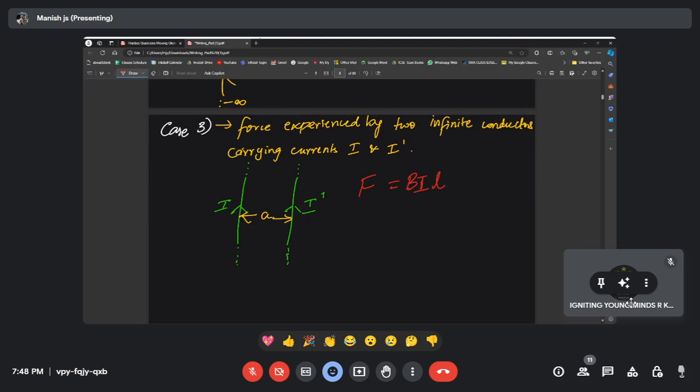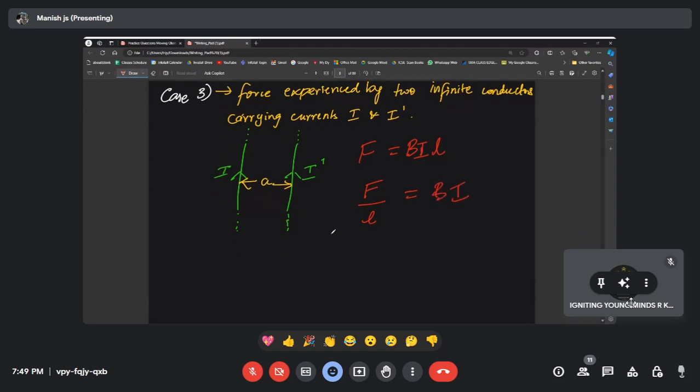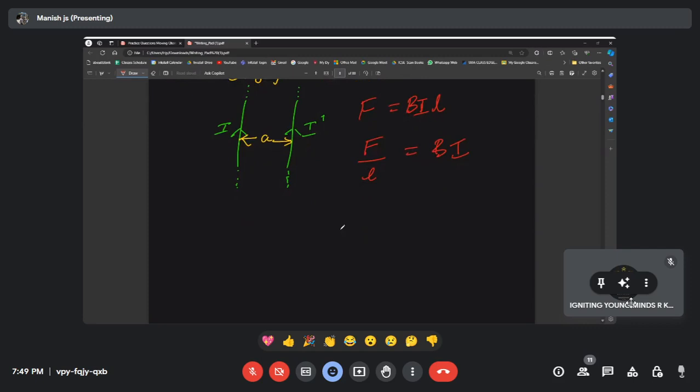Now, if I want to find the force acting per unit length, I will just rearrange this term. So you will get F upon L is equal to B into I. This is the general expression I'm writing. So the force acting per unit length is B times I, the magnetic field times the current passing through it.